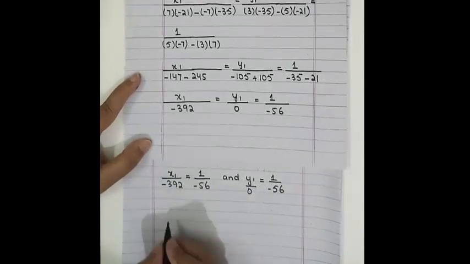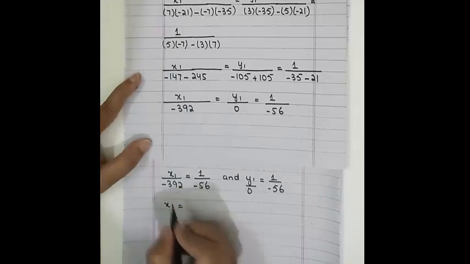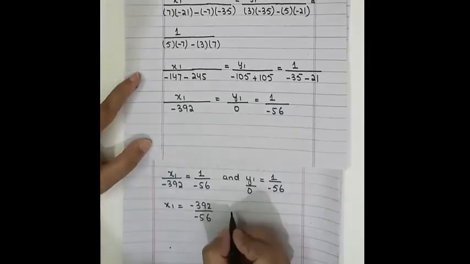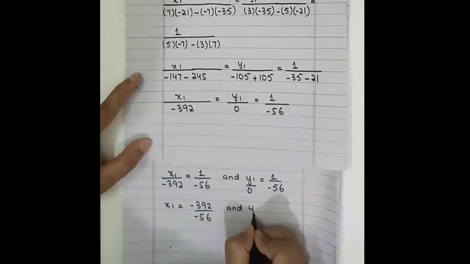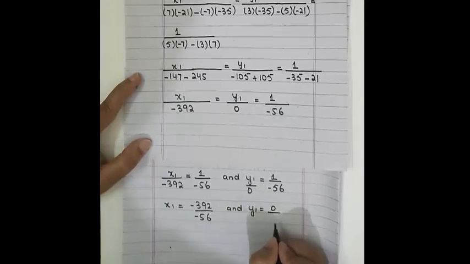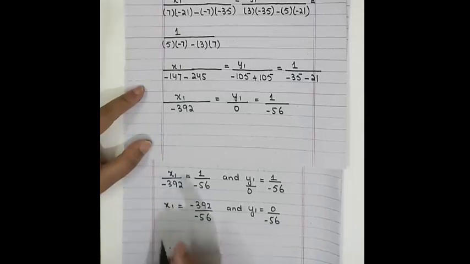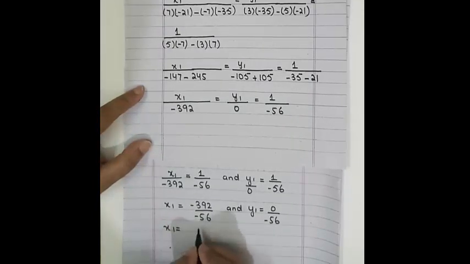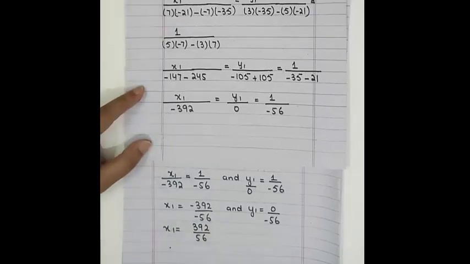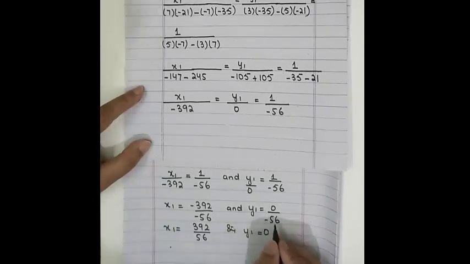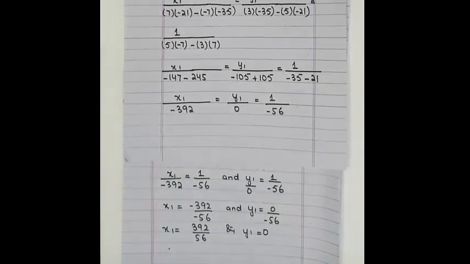So separating out the value of x1, this minus 392 will move to the other side of the equality like this. Similarly, separating out y1, we have 0 over minus 56. Now minus minus will cancel out, and we have 392 divided by 56, and y1 is equal to 0. 0 over something is equal to 0.